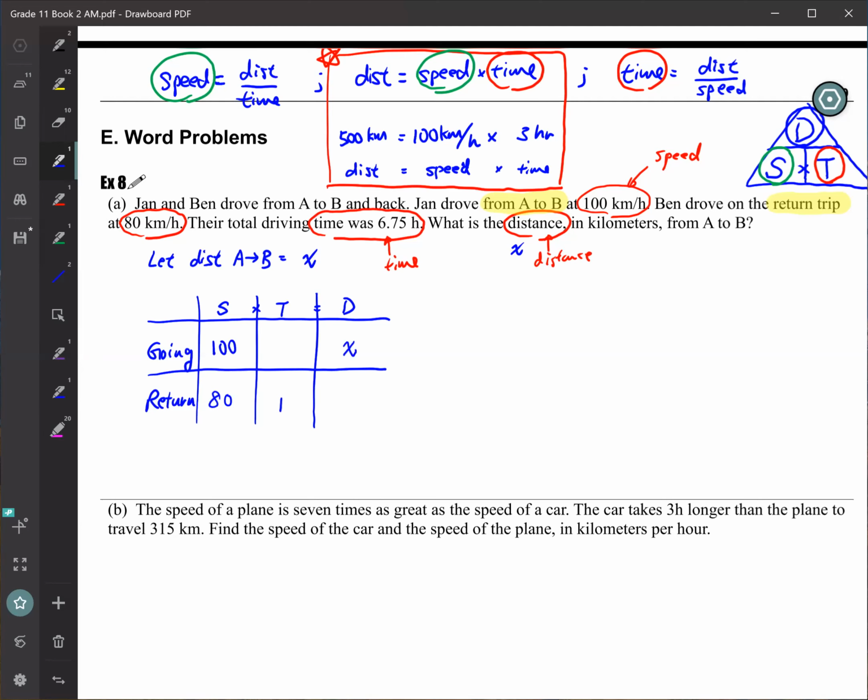Yeah, but the total time was 6.75. Yeah, but how do I separate that into 2? So that part we don't know, right? Because we're not sure which way spends more time. So for now that one should stay blank. Okay. Anything else you filled in?